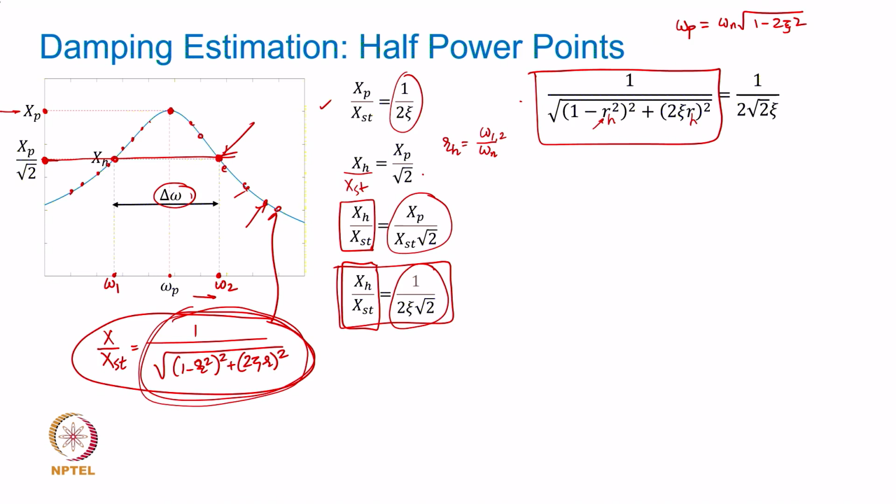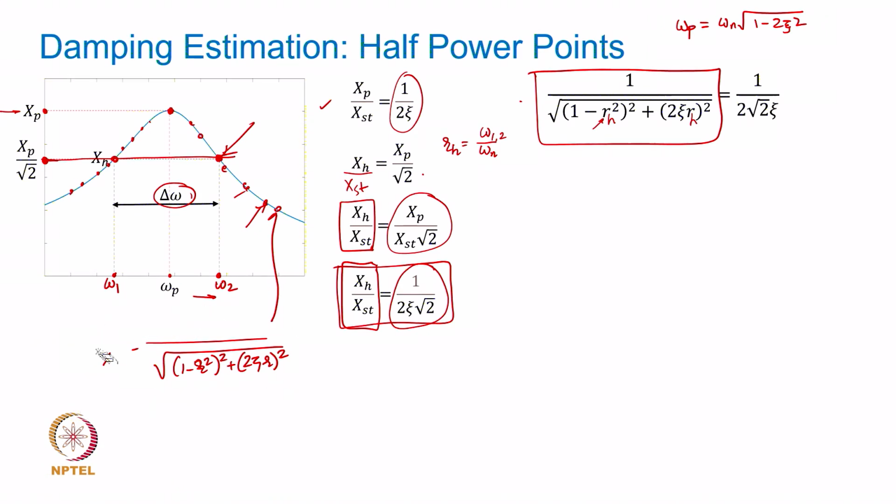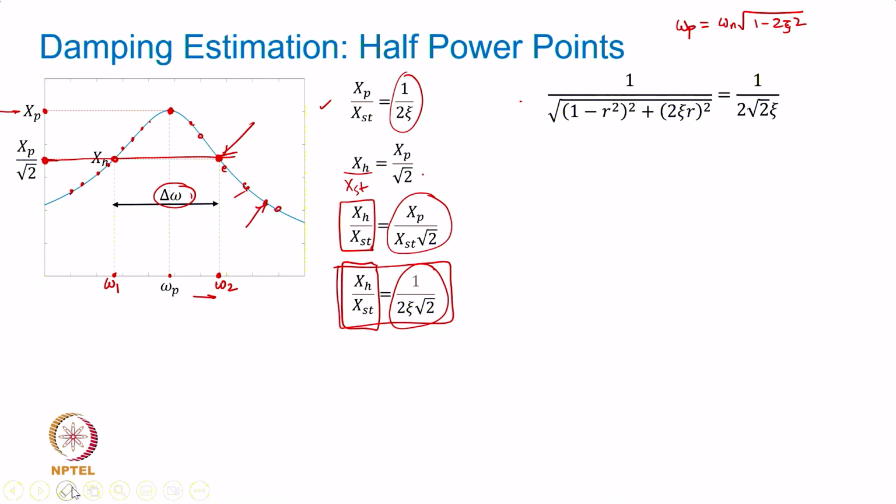So, what we do now is equate these two quantities, and if I equate these two quantities and reorganize, please try it yourself, you will get a quadratic in r square.